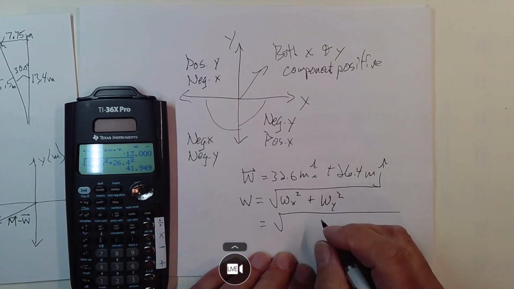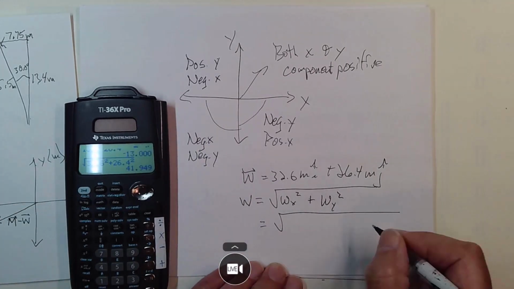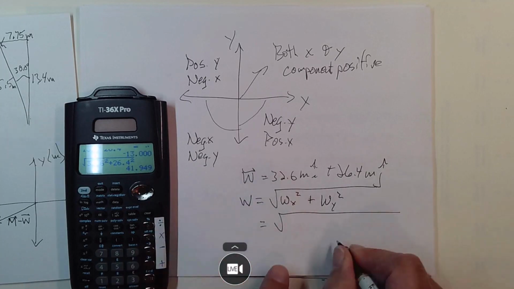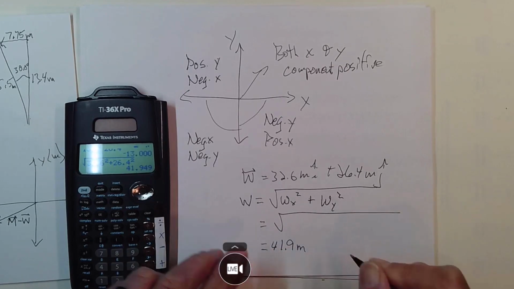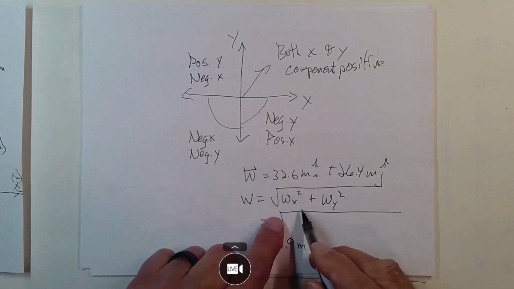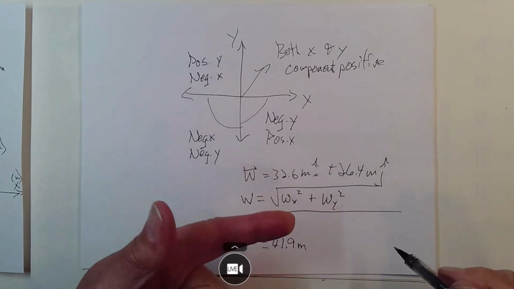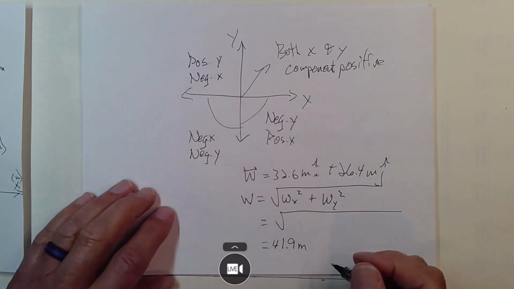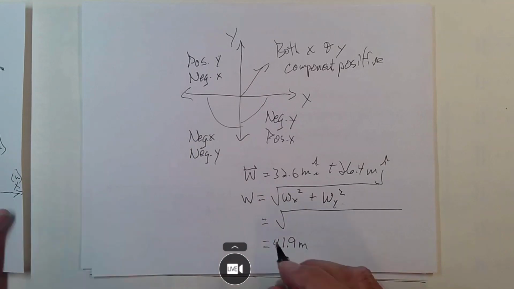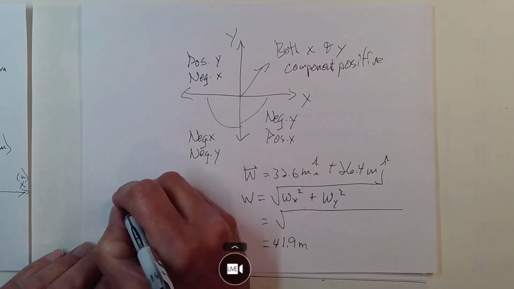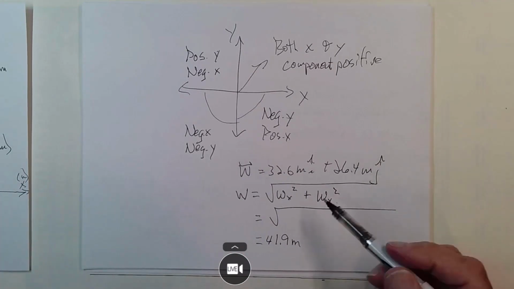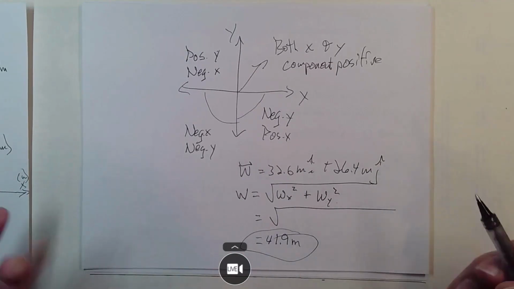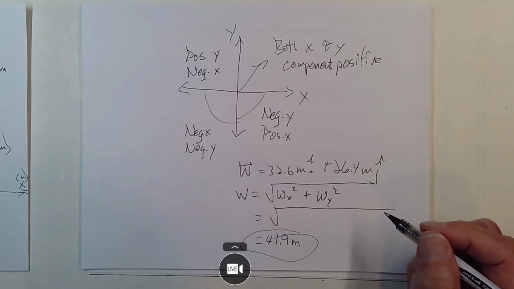Okay, I get about 41.9. Well, I didn't bother to write the numbers in. And that'll be meters, because meter squared plus meter squared gives you meter squared, but you take a square root, so you get that. And m that we had over there, oh, m had a magnitude of 15.5. We already figured that out. Oh, I think we were given this. All right, that works just fine.